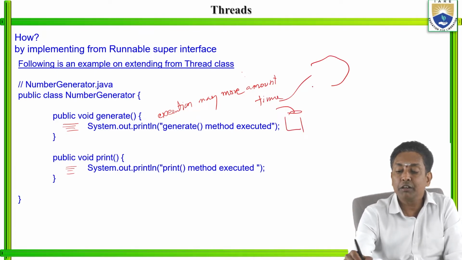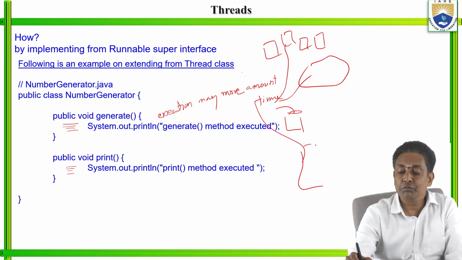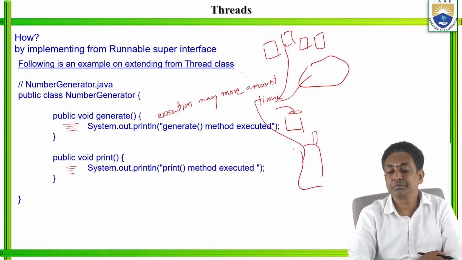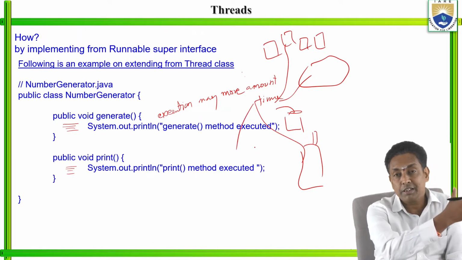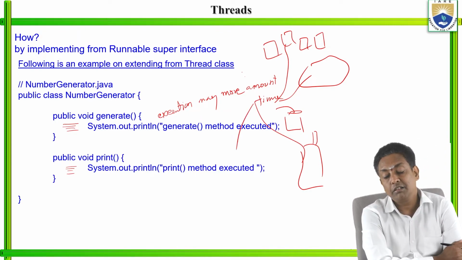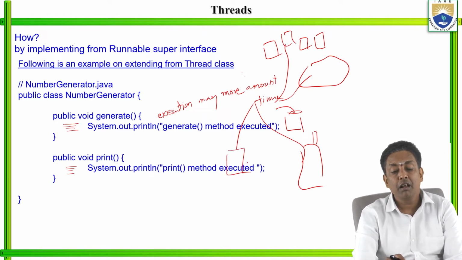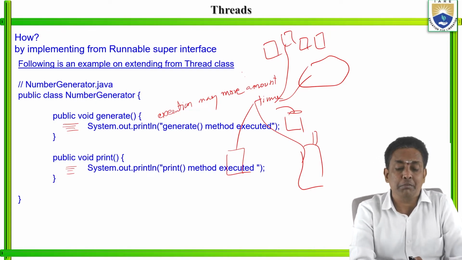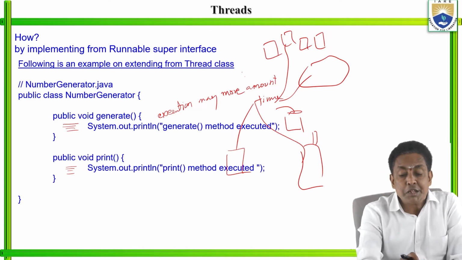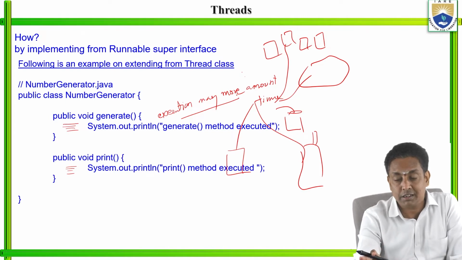They may be writing somewhere into the cloud, into some network systems, or into mobiles. Or they may write into some web services, microservices, or file systems, XML, JSON, as I told you before. The actual method implementation lies in the generate method and print method. So each method's execution usually takes more time, is our guess.